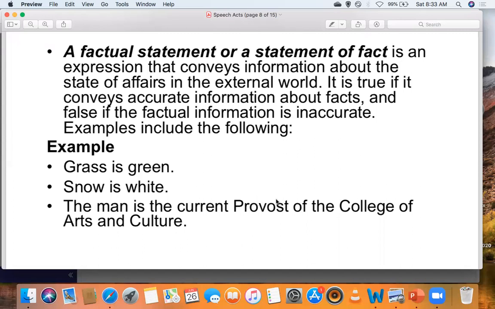And if you want to prove that this man is not the current provost of the College of Arts and Culture, you have to provide documents to show that he's not the current provost. You probably have to go to the registry to obtain documented information about who actually is the provost. So all of these factual statements can be supported or rejected by verification. Factual statements can be verified.